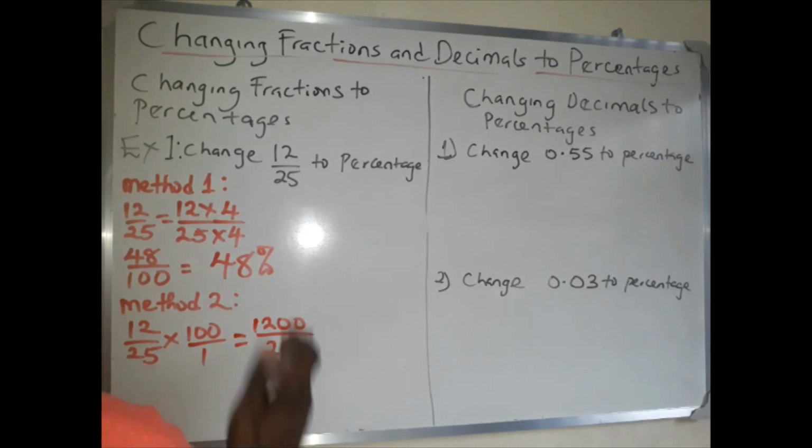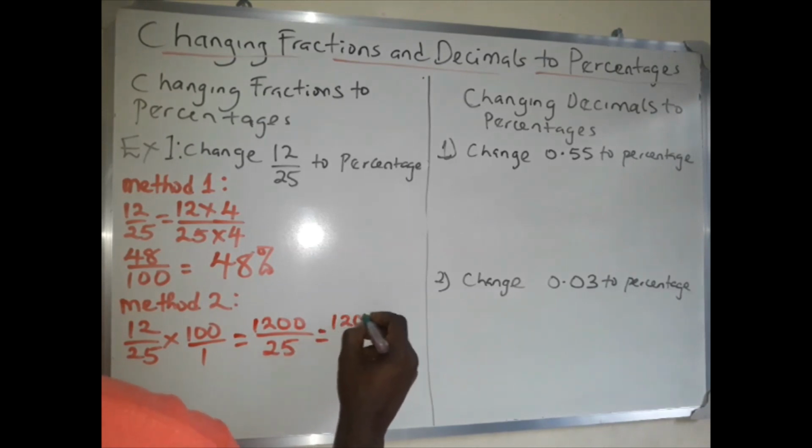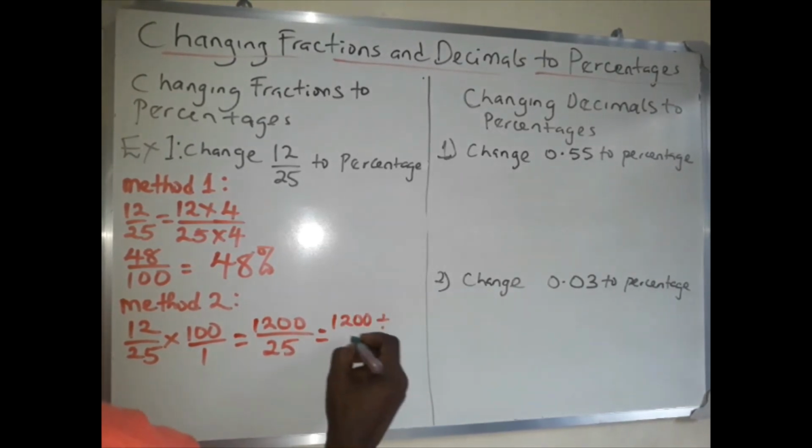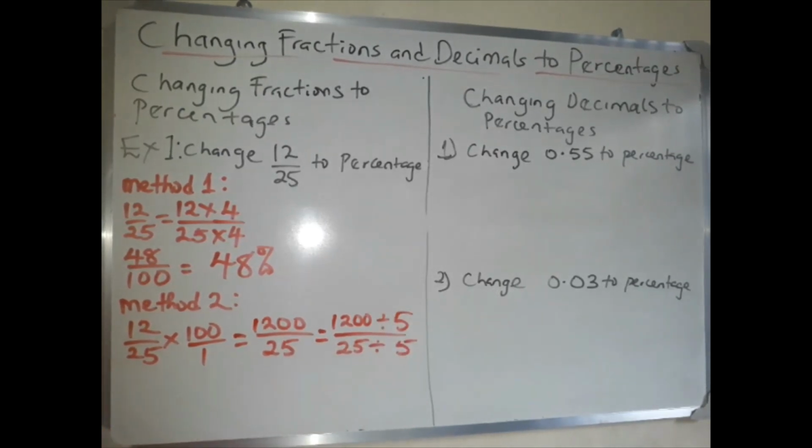So the next thing you do is reduce the fraction to its lowest term by dividing by common factors. In this case, I'm going to start by dividing by 5. 1200 divided by 5 will give you 240. 25 divided by 5 is 5.